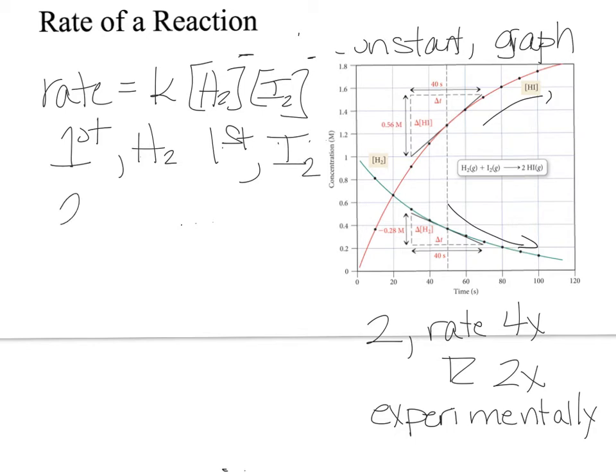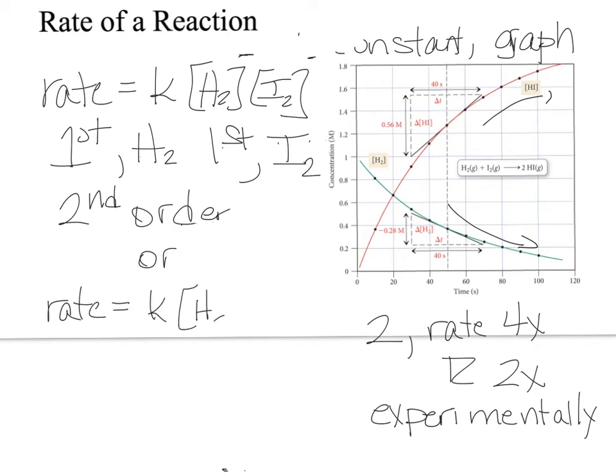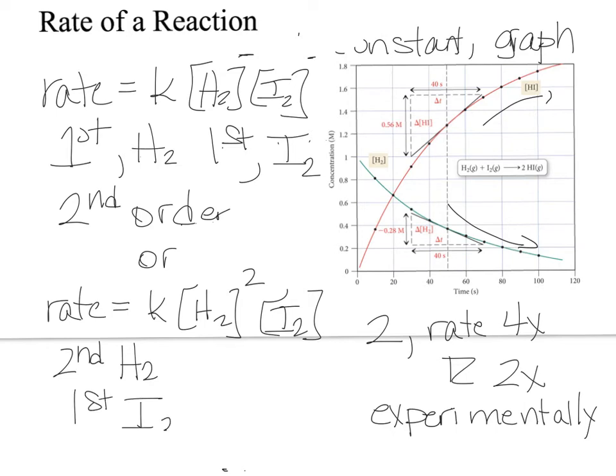So it would be second order overall, 1 plus 1. Or we might have the possibility rate is equal to K times hydrogen squared times iodine. Okay, so this would mean that it's second order with respect to hydrogen and first with respect to iodine. And then adding those together would be third overall. We could also have another possibility.